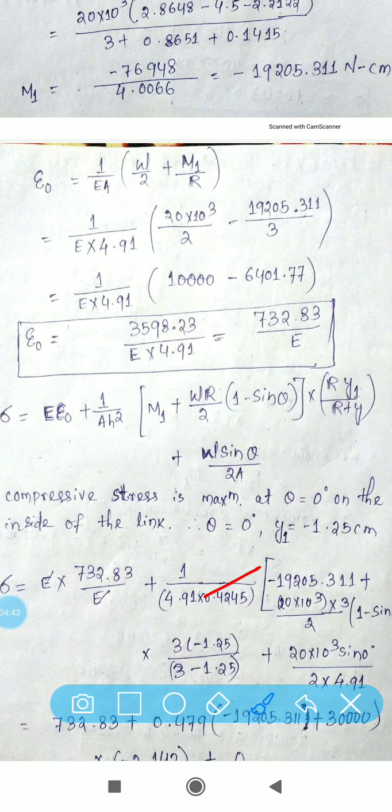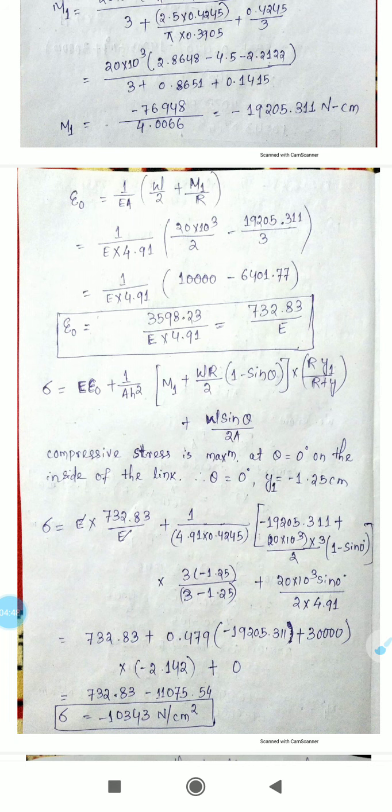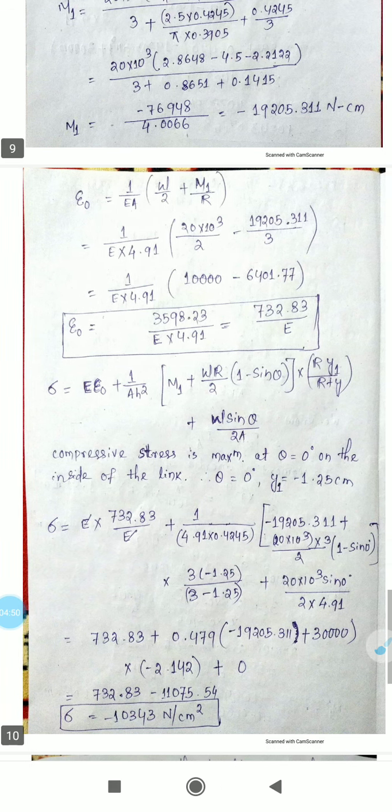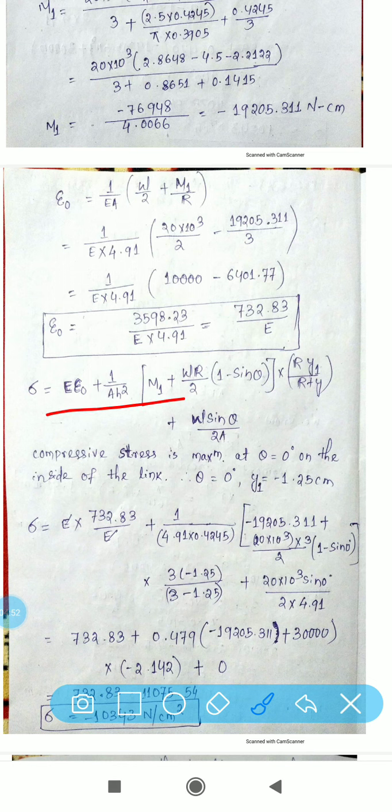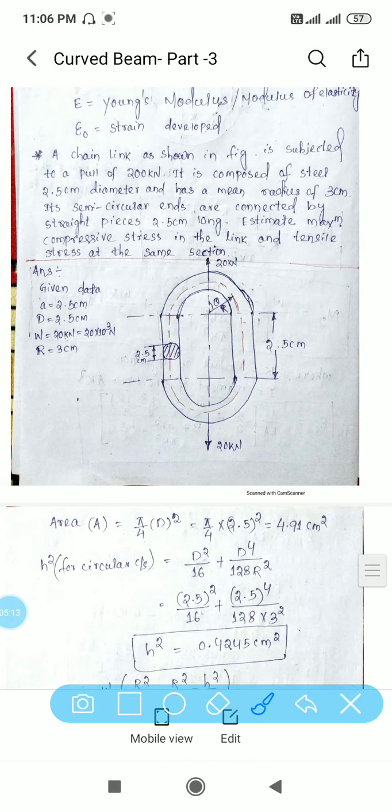Then the final expression for calculating the stress developed inside the chain link. This is your expression for calculating the stress. So you have some idea. At which point do you get the maximum compressive stress and maximum tensile stress, or at what angle can we get them?